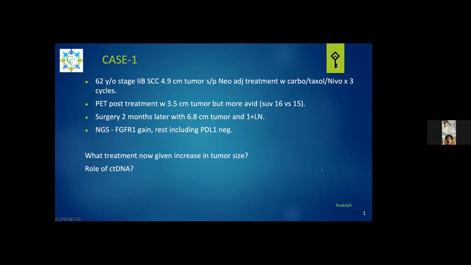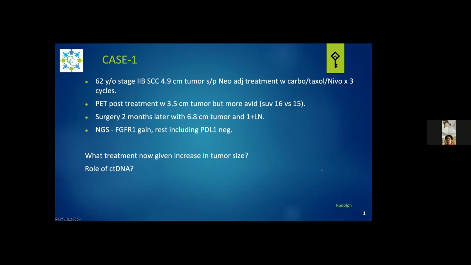Post-treatment PET showed it had shrunk down to a 3.5 centimeter tumor, but oddly enough, this was more PET avid. SUV was 16 on follow-up after neoadjuvant versus 15 initially. The lymph nodes were no longer PET avid. There was no disease elsewhere.